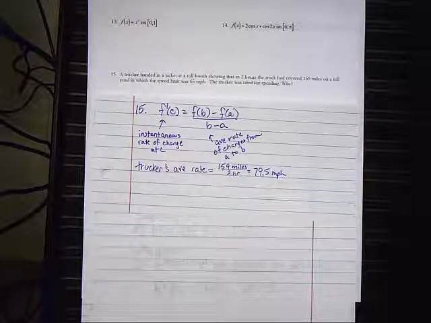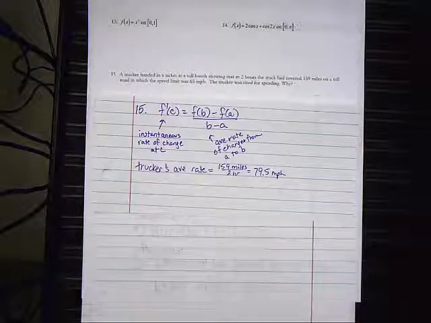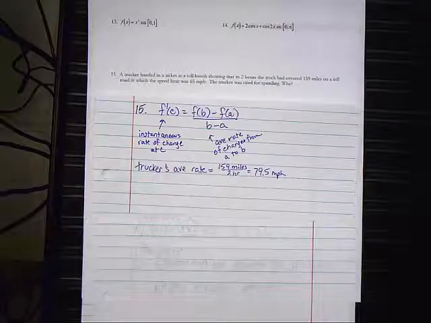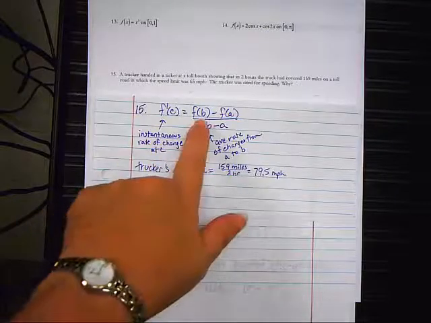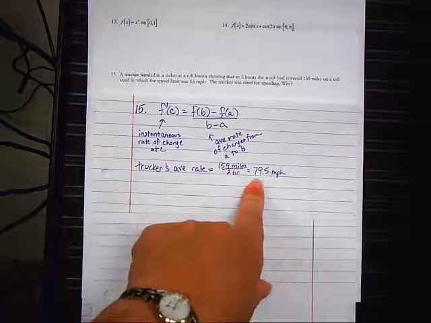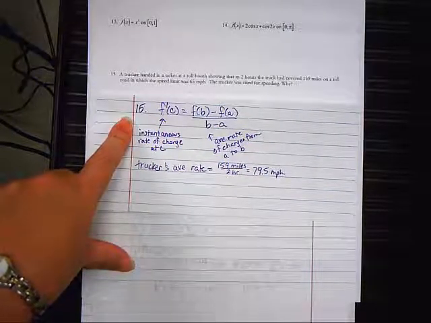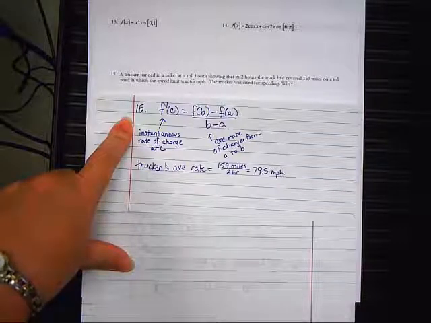So I don't know exactly how fast he was going at every moment in time on that road. But I do know for a fact that he had to go an average speed of almost 80 miles an hour. And according to this formula, the average rate of change, which in this case is 79.5, has to equal his instant speed at least 1 point on the interval.